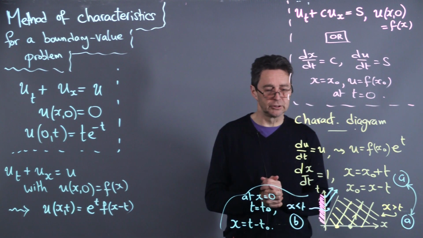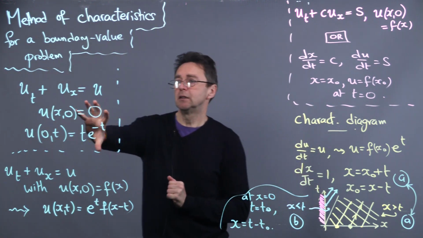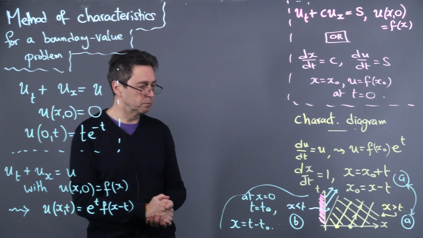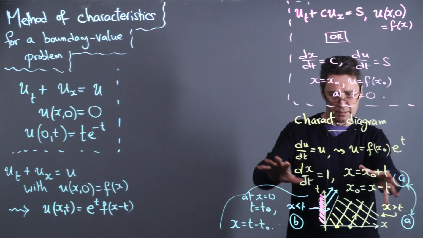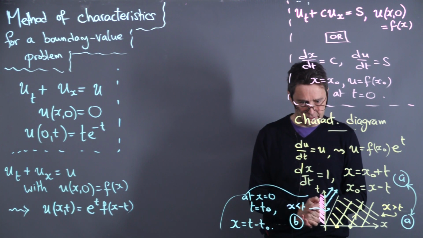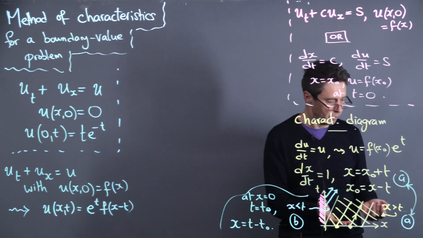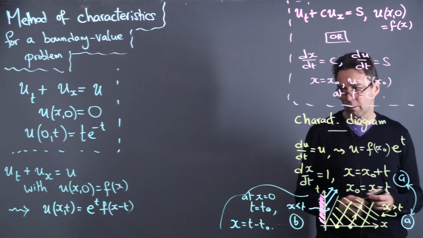So that's the issue that we face when we are dealing with a boundary value problem. But the way I've built all of this using the information of the characteristics diagram, it's fairly straightforward to see what one must do.